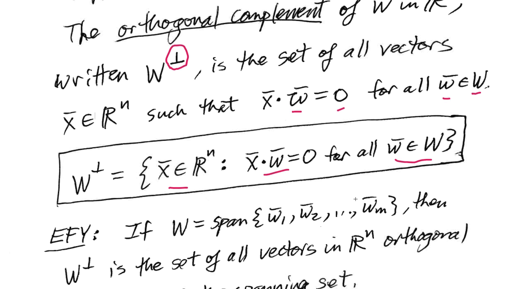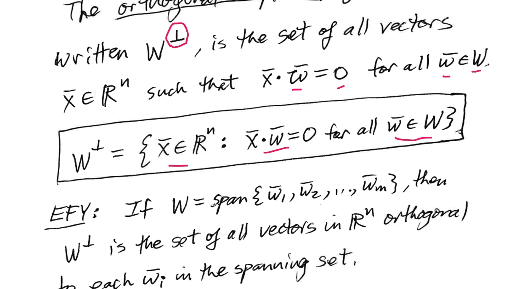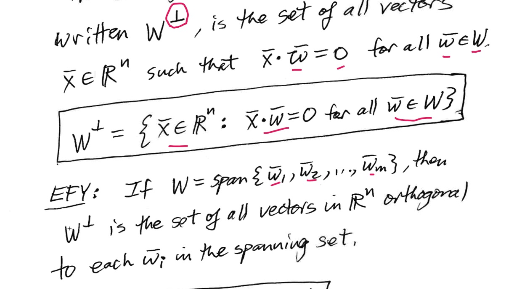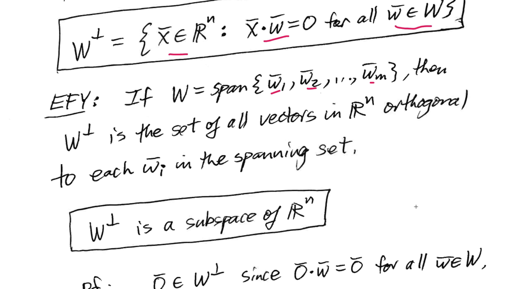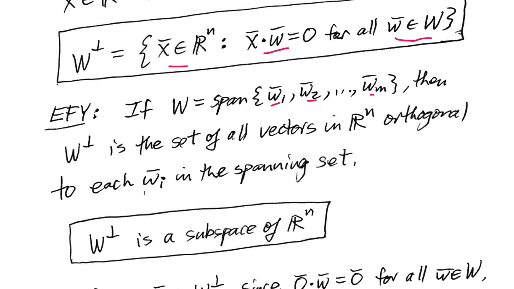Now this is an exercise for you. If W is the span of these vectors, just think of this as a basis maybe, then W perp, or the orthogonal complement, is the set of all vectors in Rn orthogonal to each of these vectors in the spanning set.